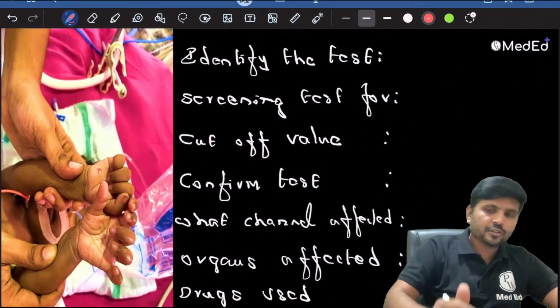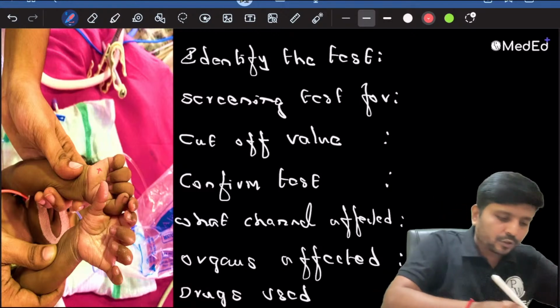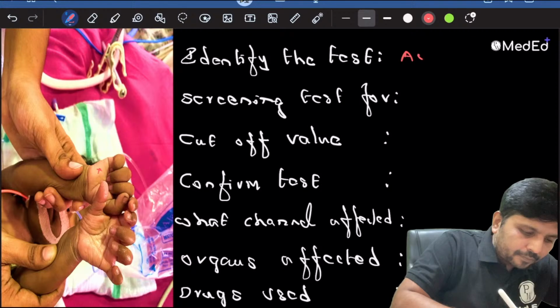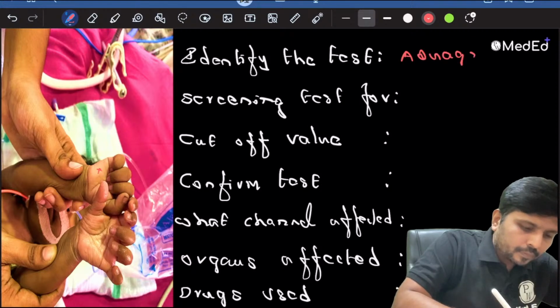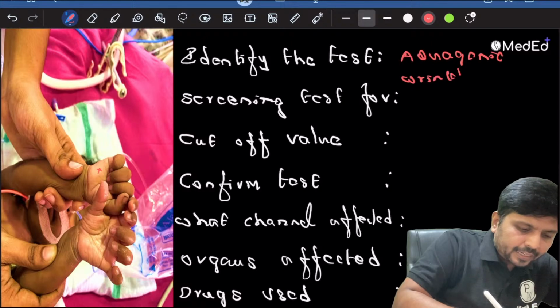Okay, so this is nothing but the aquagenic wrinkling test.